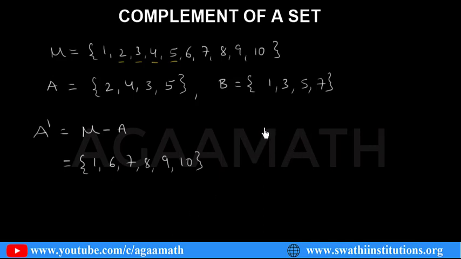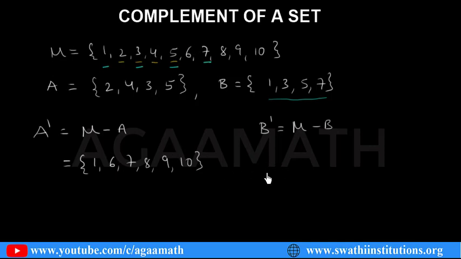If they ask us to find B complement, B complement is nothing but mu minus B, which means only in the universal set but not in the set B. The elements of B are 1, 3, 5, 7. Except these elements, the others are to be taken.